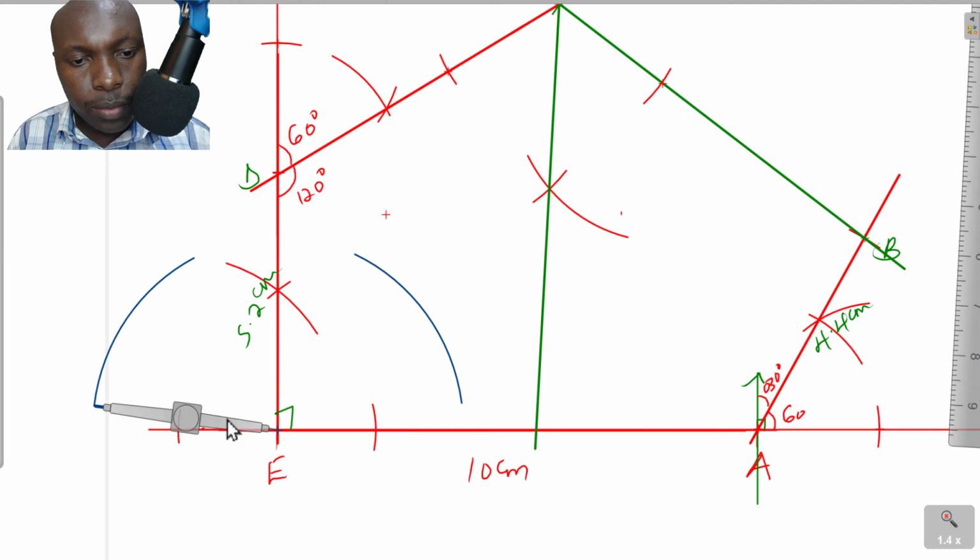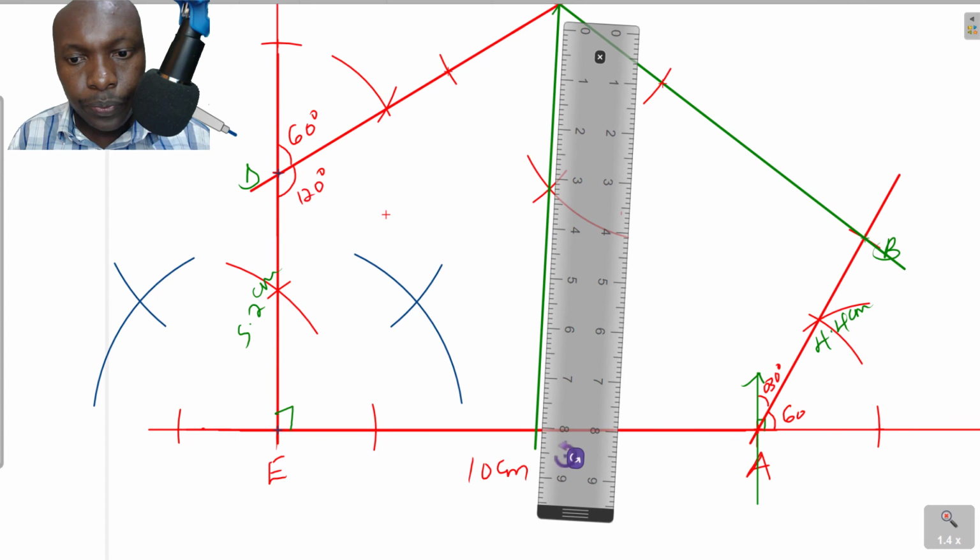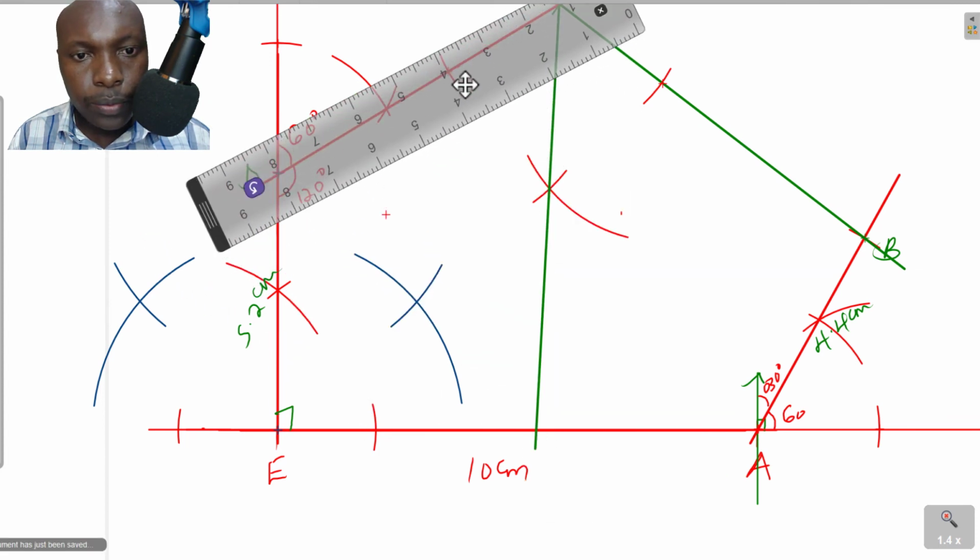With the same radius, without changing it, standing at D, cut this arc here and also this arc here. Then take the ruler and join.